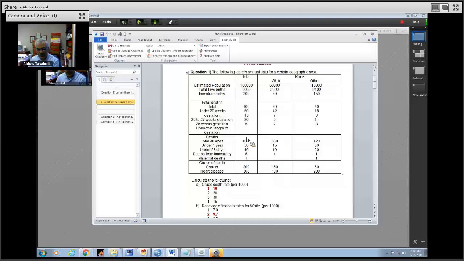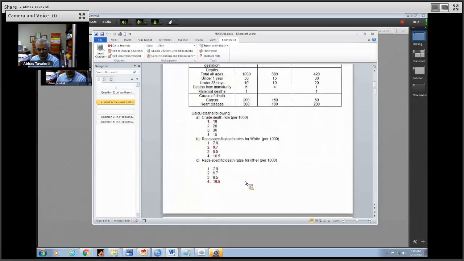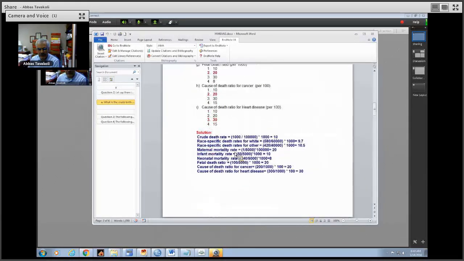We have this table, and I ask you to calculate the crude rate. Basically, the crude rate is the total of deaths divided by the total population times 1,000, which would be 10, the correct answer. The next one was the race-specific death rate for white.